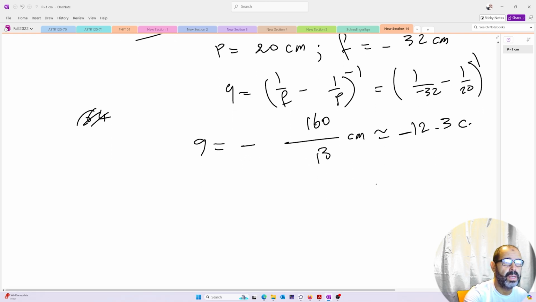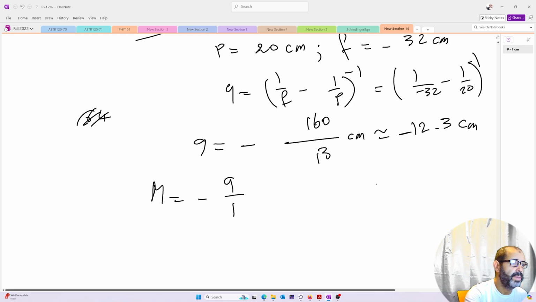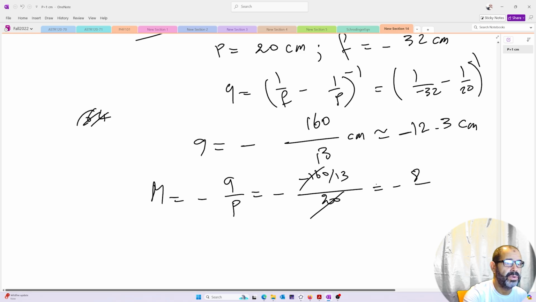centimeters. So that's the position of the image, and the magnification M is equal to negative Q over P, and Q is actually negative 160 divided by 13, divided by P. P is equal to 20 centimeters, 20 and 160, that's 8. So it's negative 8 over 13. It has no units.